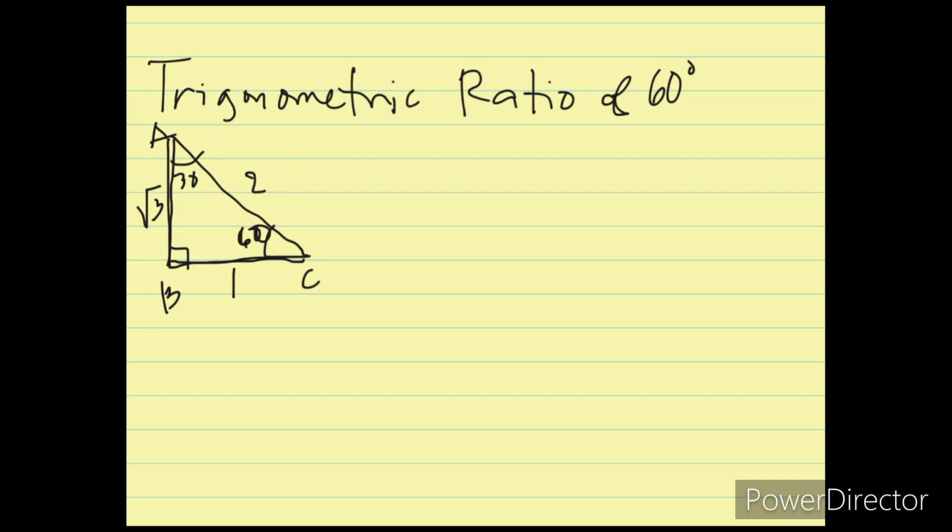Now, the sine, cosine, and tangent of 60-degree are as follows. Okay, first, the sine of 60-degree. Again, sine is opposite over hypotenuse. So the length of our opposite based on 60-degree is square root of 3, and our hypotenuse is 2.